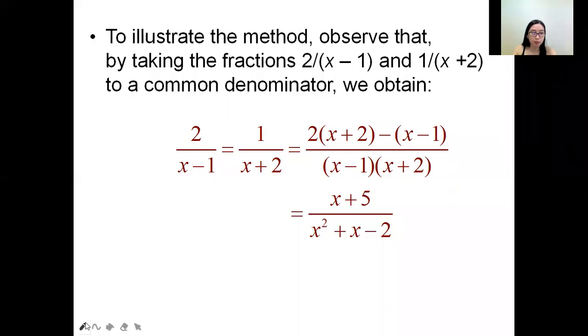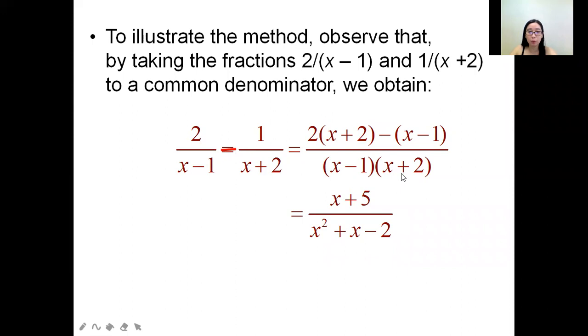so this one is a minus. So if 2 over x minus 1 minus 1 over x plus 2, we multiply the denominators so we can have a common denominator.